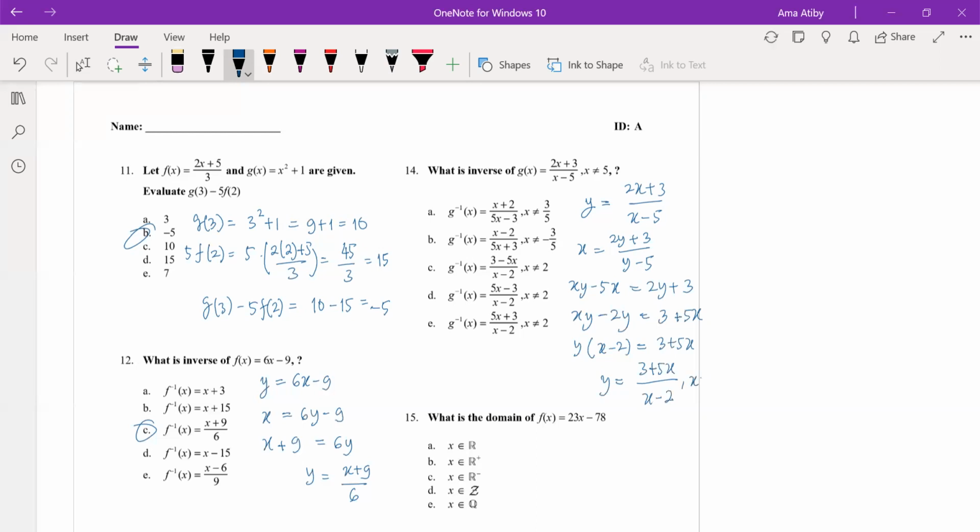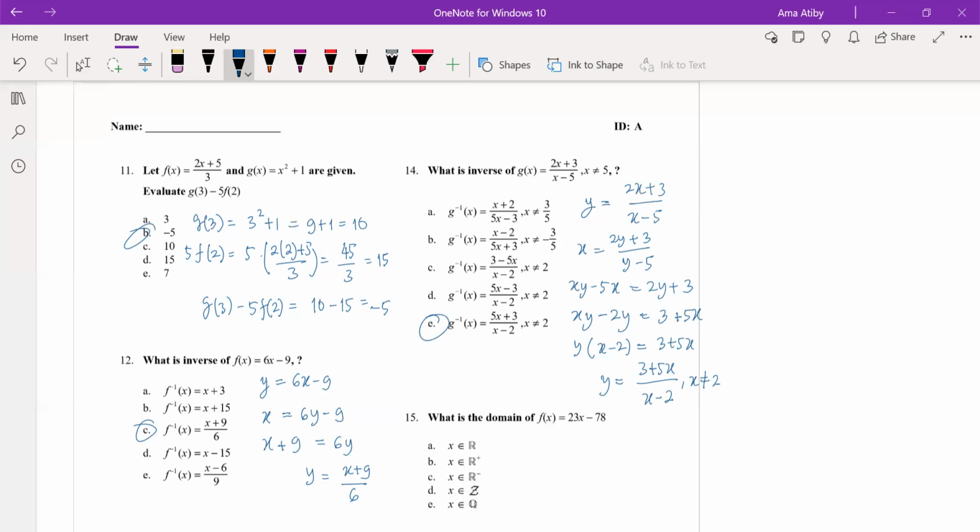Note that x must not equal 2 because we cannot have denominator 0. Okay, so let's check out the solutions. We can also write this as 5x plus 3. So let's see which one has the 5x plus 3. Oh, this one. 5x plus 3 or 3 plus 5x over x minus 2. X does not equal 2. So the correct answer is E.